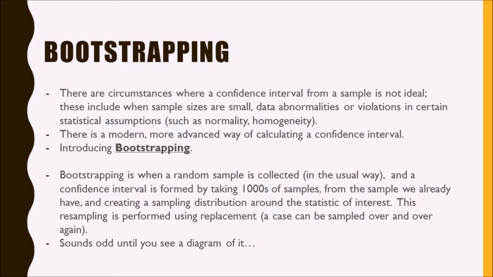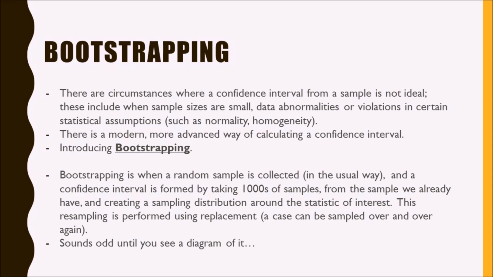Bootstrapping is when you take a random sample just like we were doing before. To make our example again, taking a random sample of size 50 and measuring people's IQ. But rather than mathematically calculating the confidence interval the way we were before, this bootstrapping technique is a resampling technique.